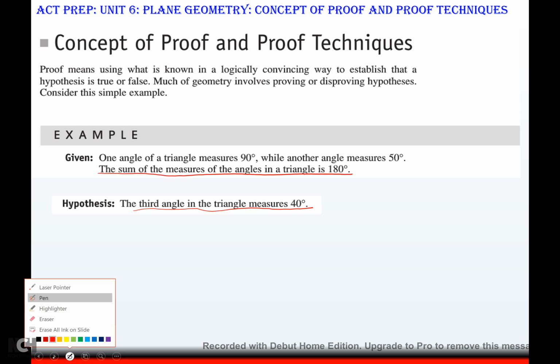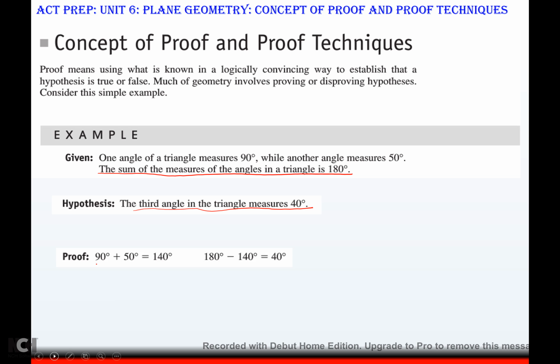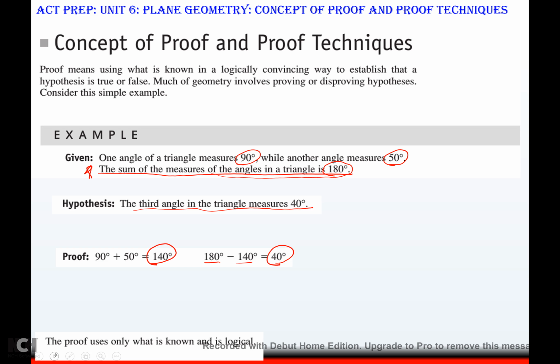And my proof is that the 90-degree angle they gave me plus the 50-degree angle they gave me equals 140 degrees. This little piece of information tells me that the sum of the measures of the angles in a triangle is 180. That would be given. So I can say that the third angle is 180 take away 140, which is 40 degrees. Okay, so the proof uses only what is known and is logical.